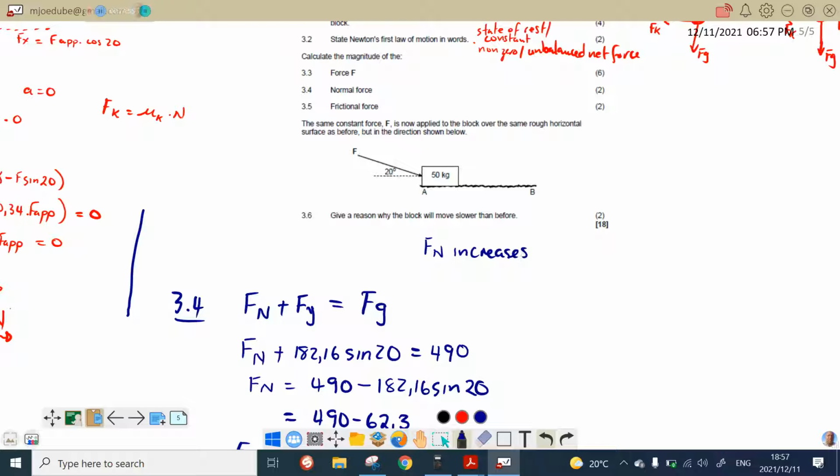So if the F normal increases and the mu remains unchanged, it's going to result in an increase in the frictional force.